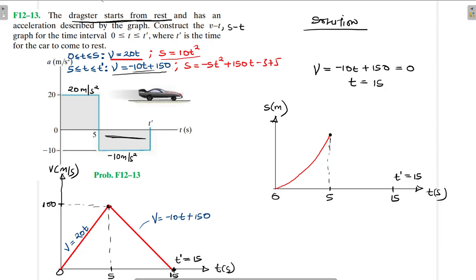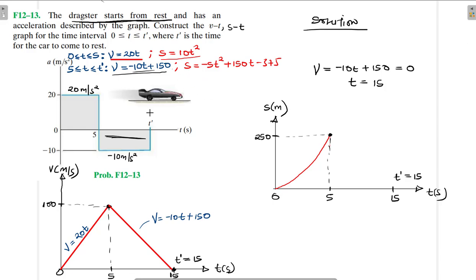This point here is 5, s of 5 in there. We have 25 by 10. This becomes 250, right?